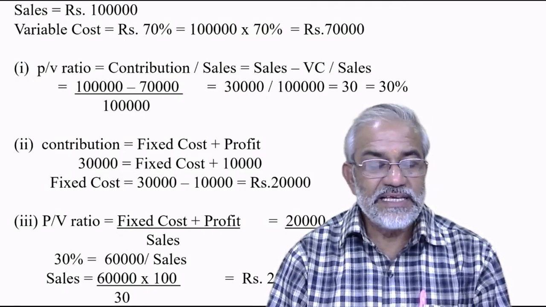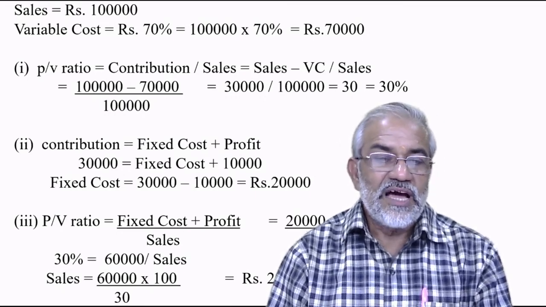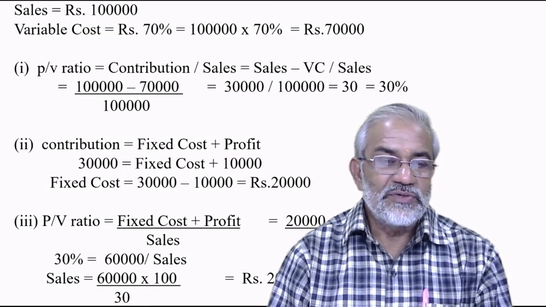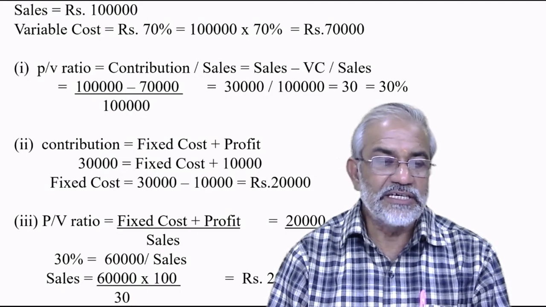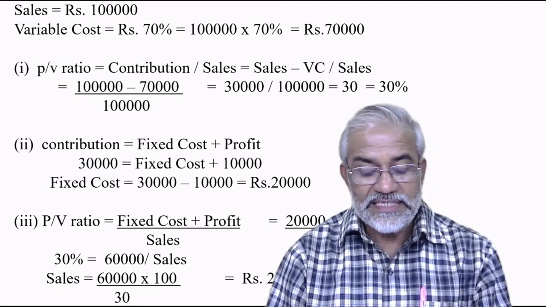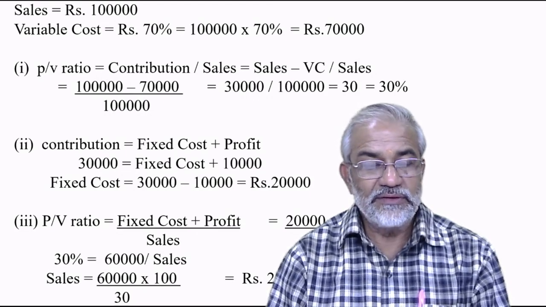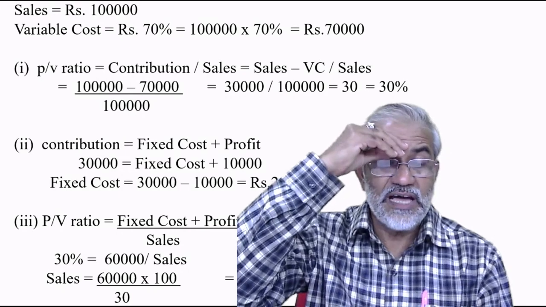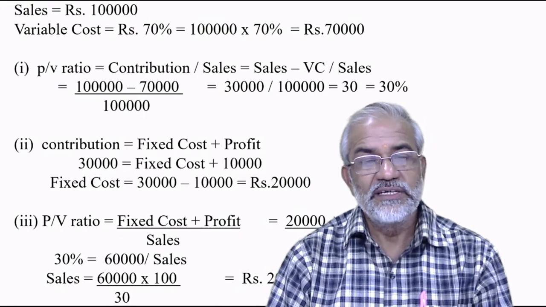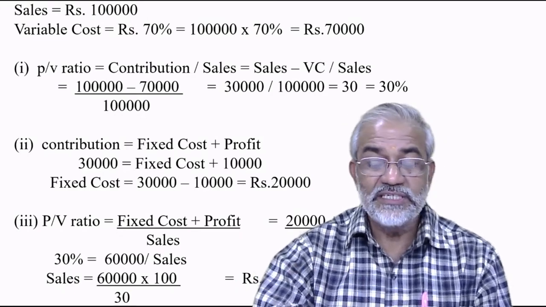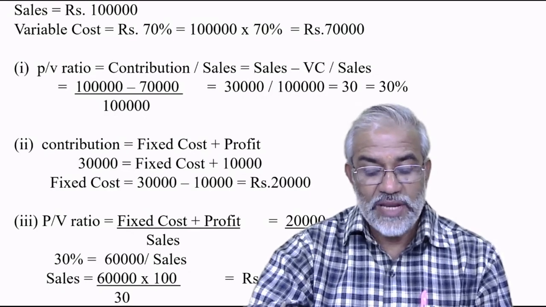When that is divided by sales, it comes to 30%. So 60,000 divided by sales, the PV ratio is 30% here. And when you compute the sales to earn a desired profit of 40,000, then sales is equal to 60,000 into 100 divided by 30, and that comes to 2 lakhs.